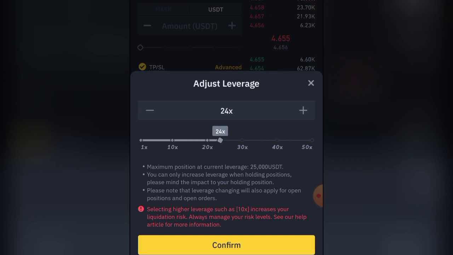And for the pair of coin that I'm using here, you can see that I can set this leverage up to 50x. And of course, I'm going to be showing you that different coins have different leverage you can utilize to make money on them. They don't have equal leverage. The leverage depends absolutely on the coin that you are actually trading on.